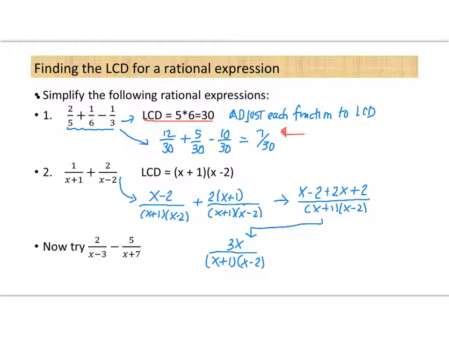So you will notice that the first term now becomes (x minus 2) over (x plus 1)(x minus 2). See, I multiply both the top and the bottom by x minus 2. The second term becomes 2(x plus 1) divided by (x plus 1)(x minus 2).